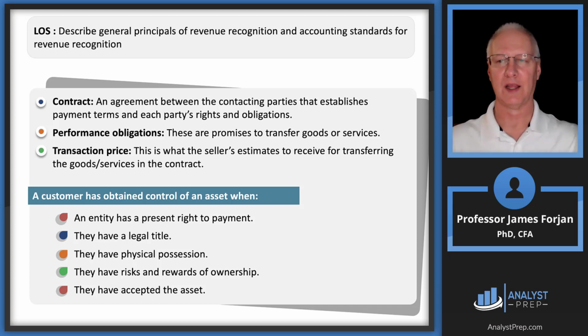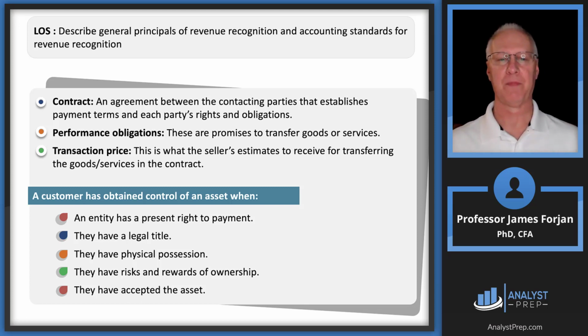Maybe there's a machine that can shake the tree, and I can just stand under the tree and catch them with the... Anyway, that's a silly example, but you get the sense that these three definitions are really important: contracts, performance obligations, and transaction price.